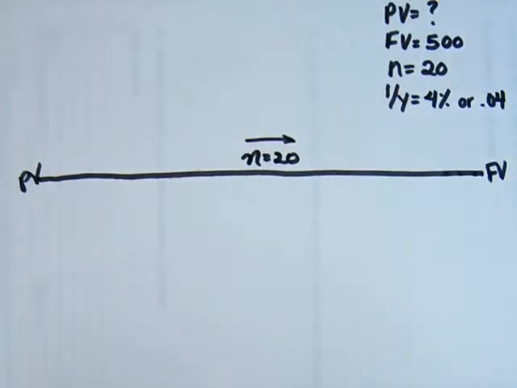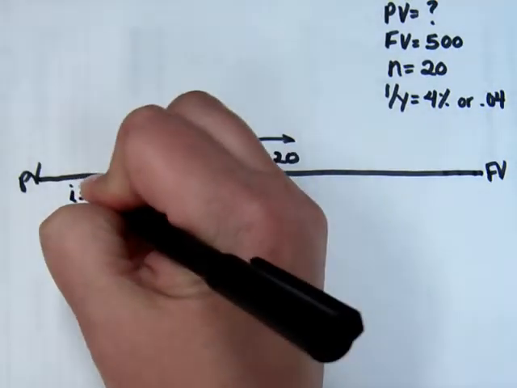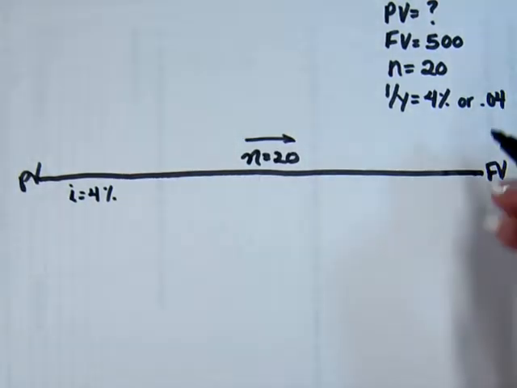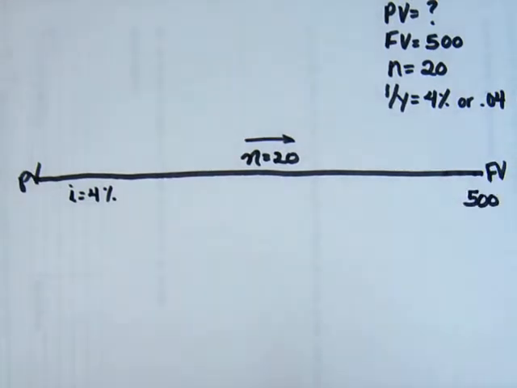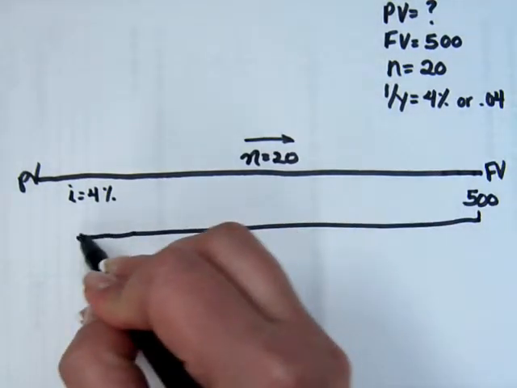The interest rate, or I, will be 4%. So we will write that under the line. We will write $500 under future value, and then show that we will bring that value back to present value.